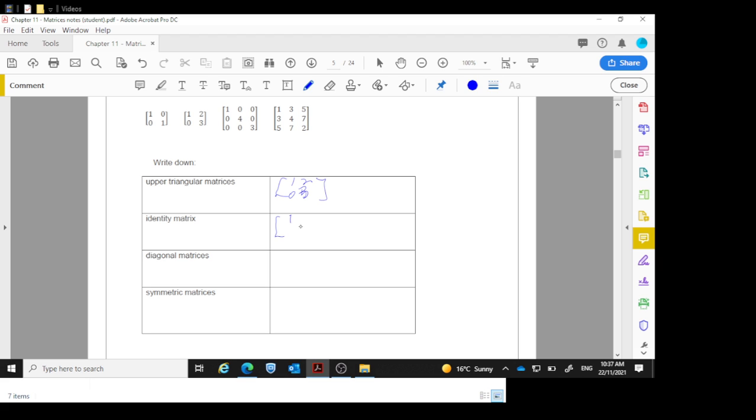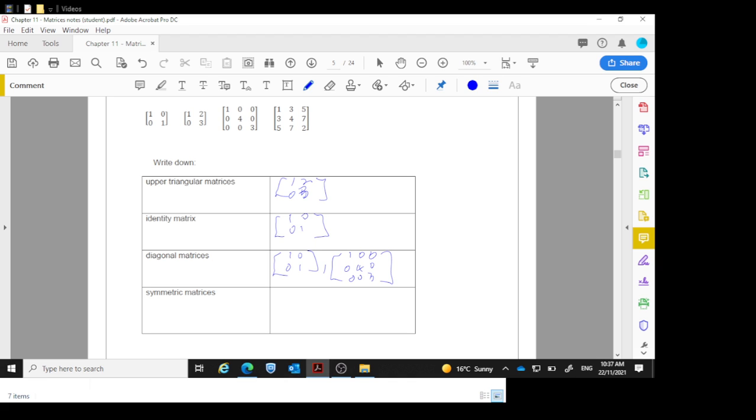Remember the 1s along the diagonal, so that one there, and there's no other one. A diagonal matrix, well, that one there already is a diagonal matrix. And of course we have the other one, the third one, 1, 0, 0, 0, 4, 0, 0, 0, 3.